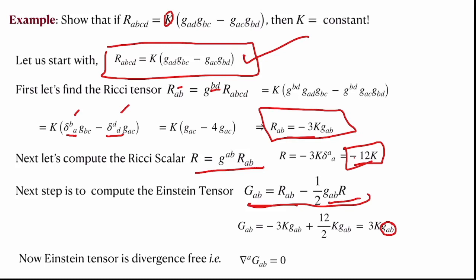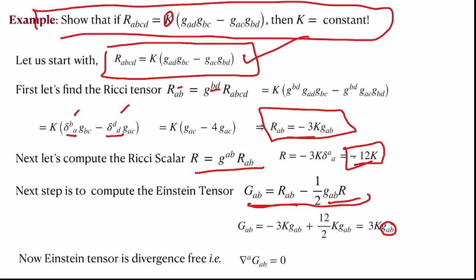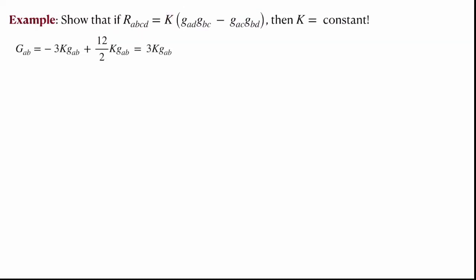That means k has to be constant, and that is exactly what we had to show. So this is how some of the properties of the Einstein tensor help us to simplify the form of a specific case of the Riemann tensor.